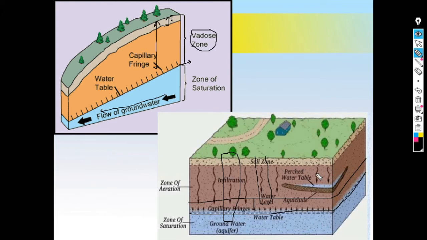So in this particular area, the water seeping from above will get accommodated in this portion. It won't go down to the actual water table. So in this small area there will be a formation of a pseudo water table, or a small area which is having water but not sufficient enough. The actual water table level is down somewhere here.